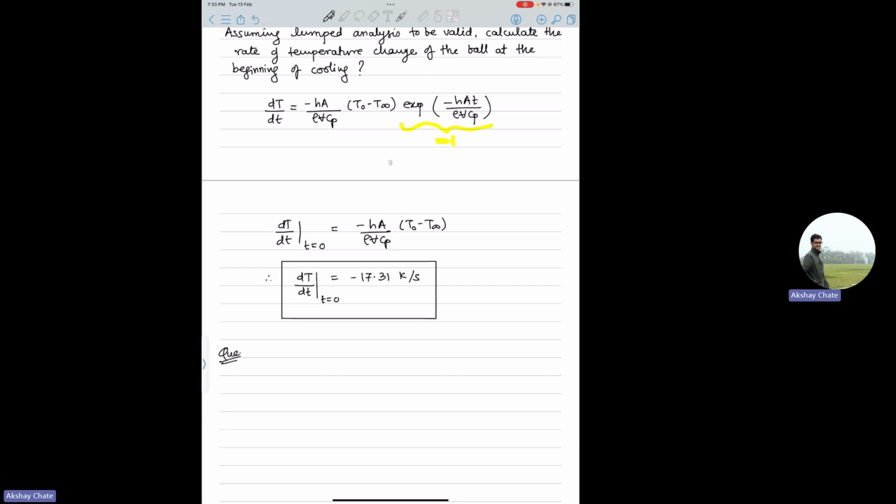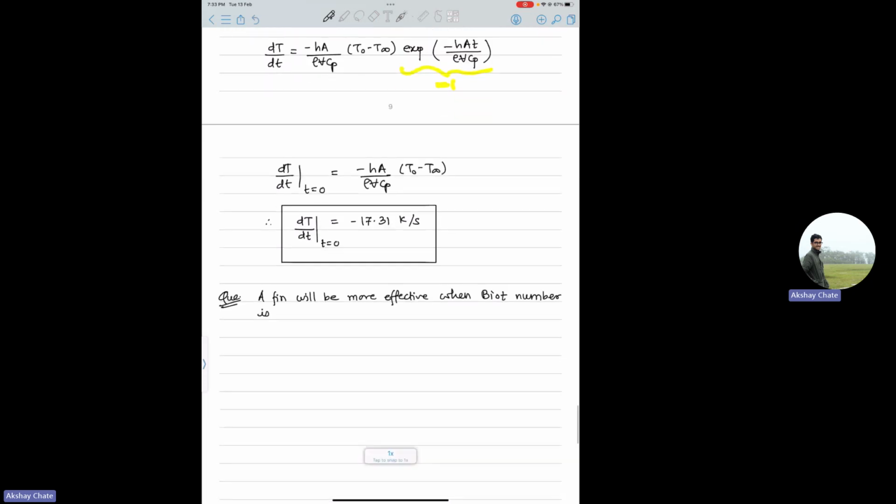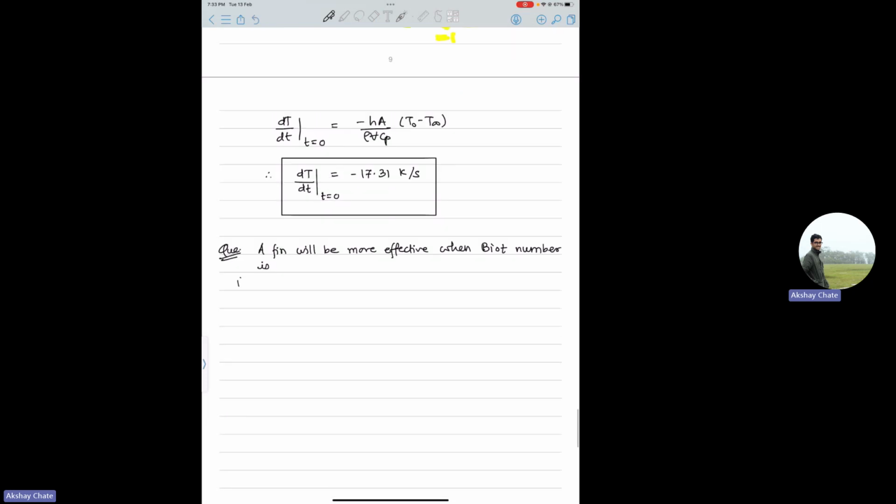prelims. So the question is: a fin will be more effective when the Biot number is. It was an MCQ type of question.